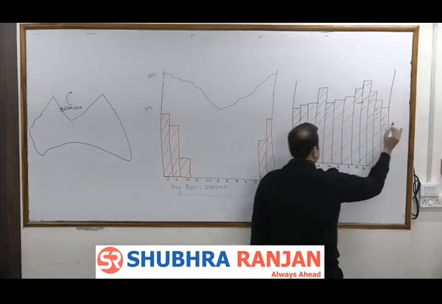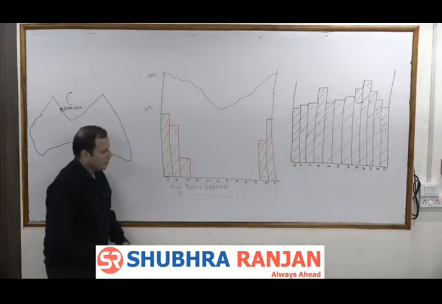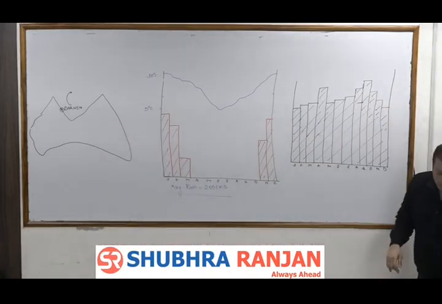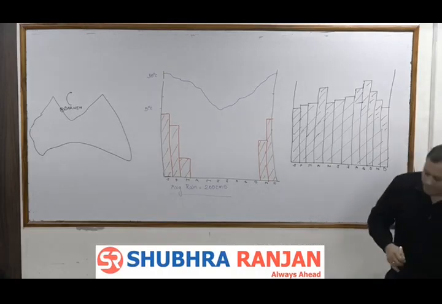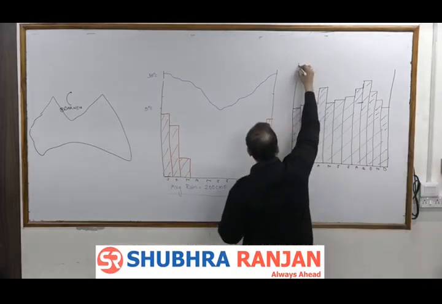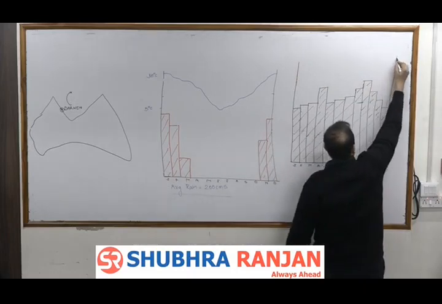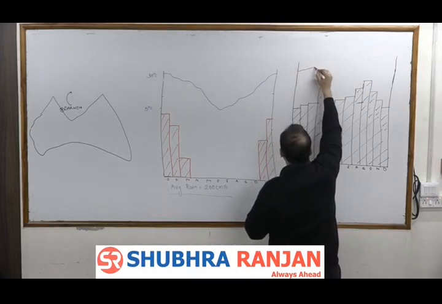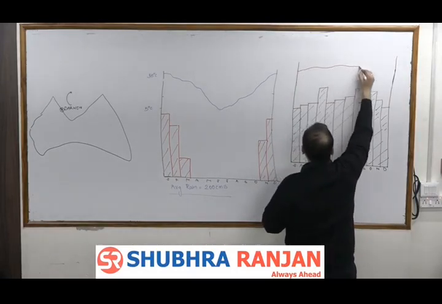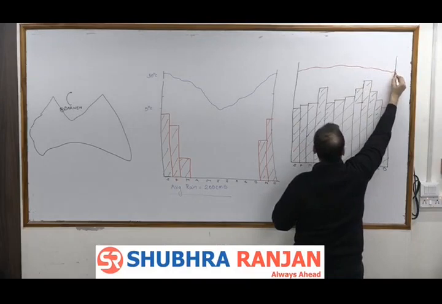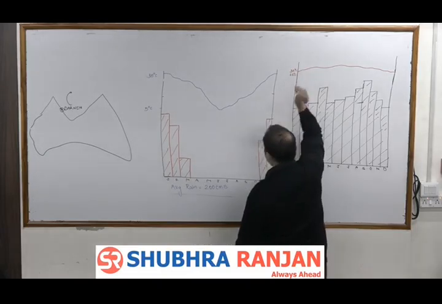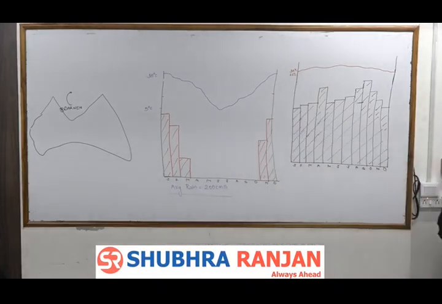This is a rainfall chart. The bars always show the rainfall. Rainfall is occurring throughout the year. We have not yet seen the temperature graph, so let us draw the temperature graph. How much is the temperature going?